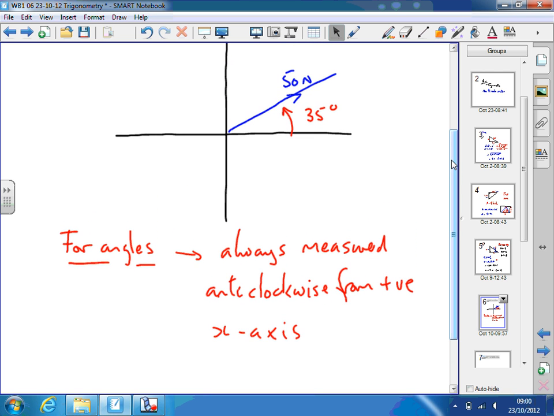I always use this convention, and it's a pretty standard convention. So if I measure an angle of 35 degrees, I would measure it from this positive x-axis and go around anti-clockwise. That's what the convention is telling me to do, so that's why I've measured it to there. If I want to measure negative 35 degrees, what would I do?